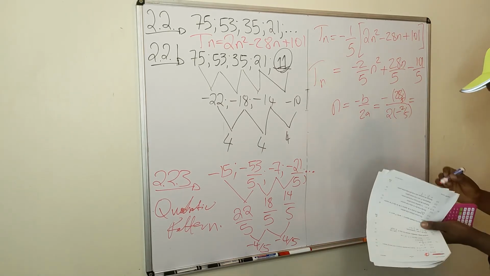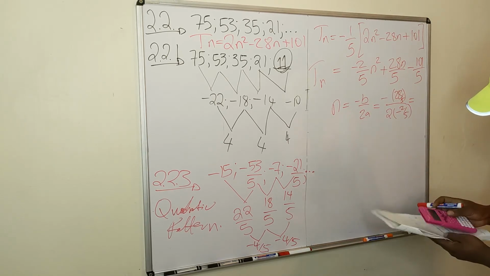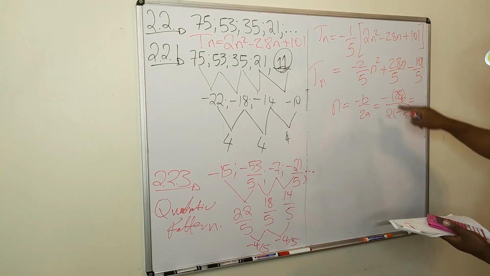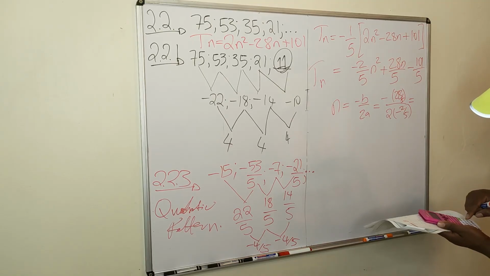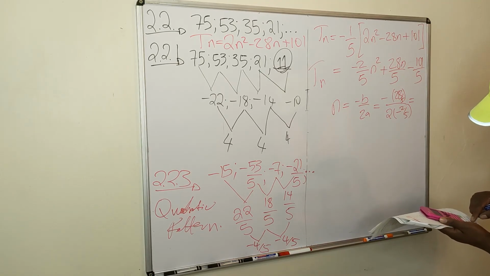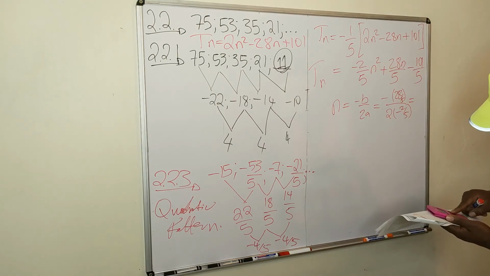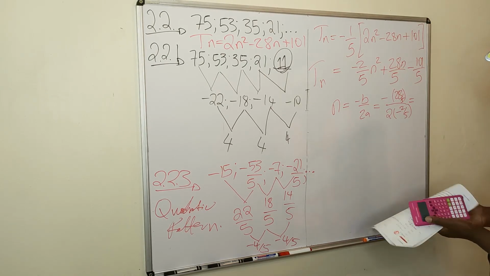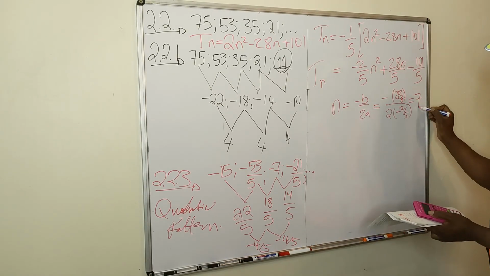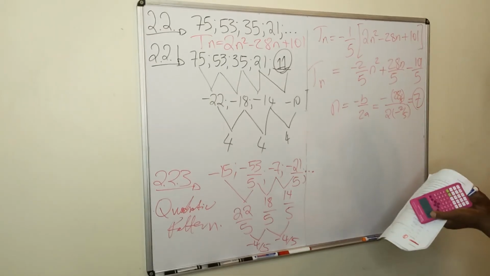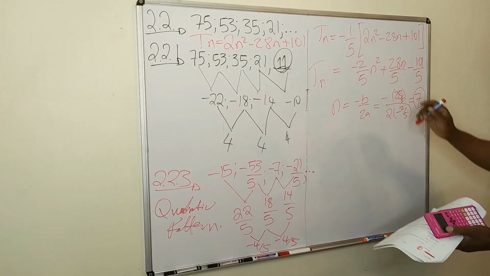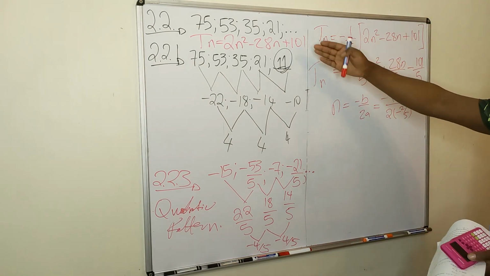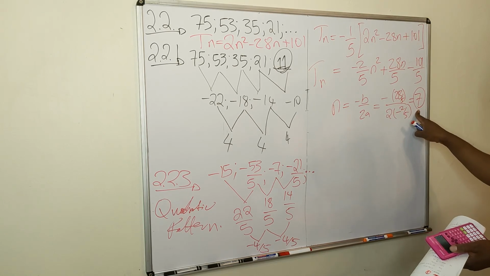So this will give you the position of your maximum term. The answer is 7. So that means the maximum term of this pattern, our new pattern, is on the 7th position, right?